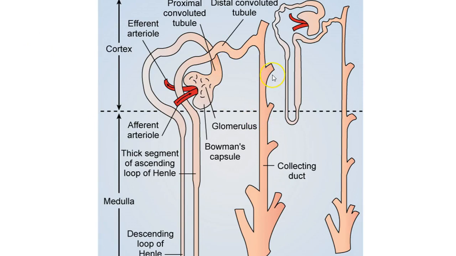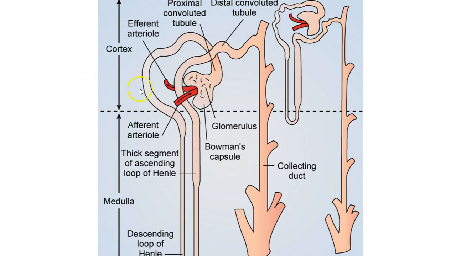This picture is a very crude picture, but it does give you an idea of how important these tubules are, okay? And this is all very small because this is very much a part of the nephron. This is actually the anatomy of the nephron, the functional unit of the kidney. And this is actually a juxtamedullary nephron, okay?